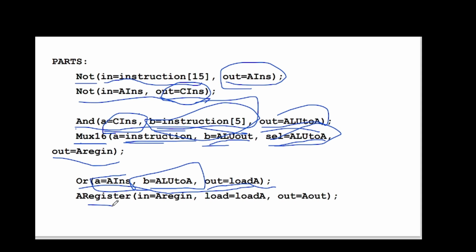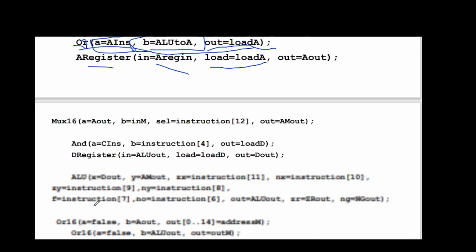Now the A register takes input as A register in, which is output of this multiplexer, and load is set equal to load A, which is from this OR gate output, and output of this register is equal to the A output. Basically here we are sending either the A instruction or the ALU output into the A register.